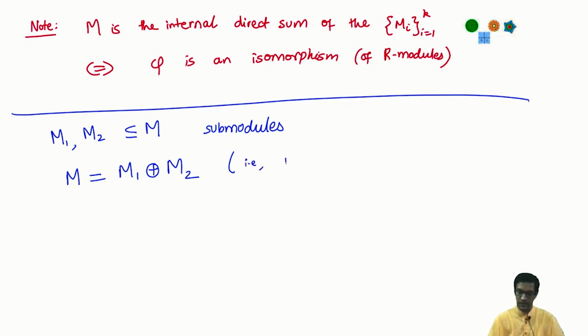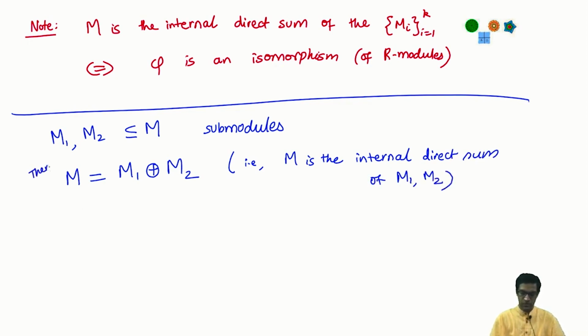In other words, M is the internal direct sum of these two submodules.